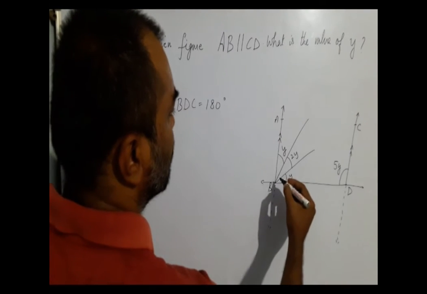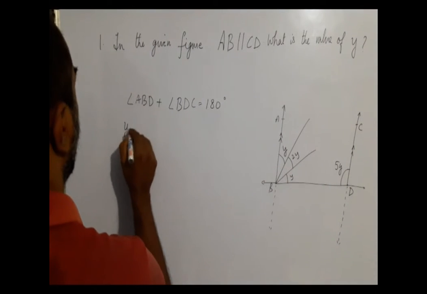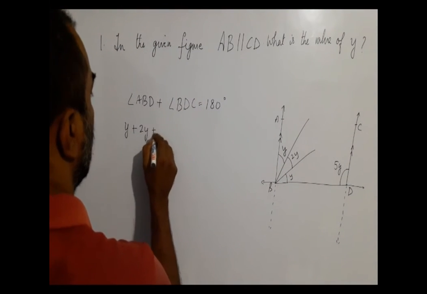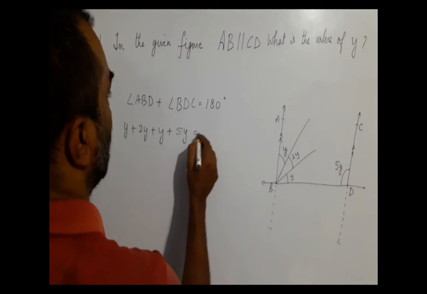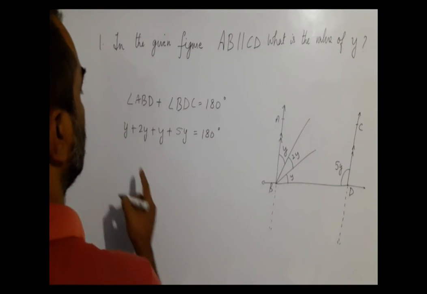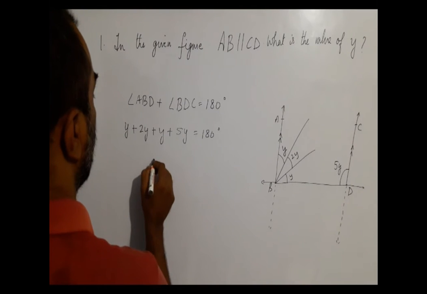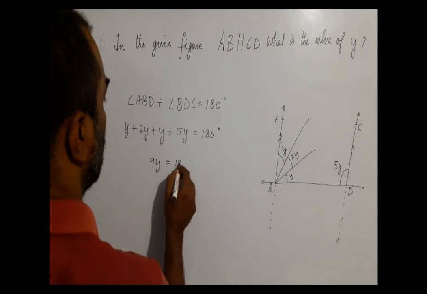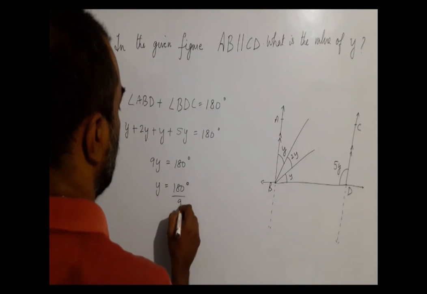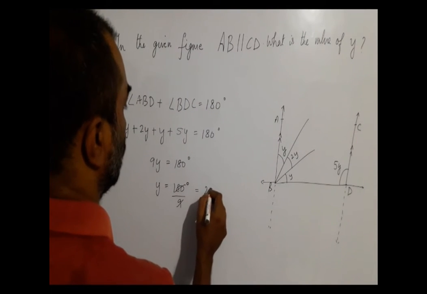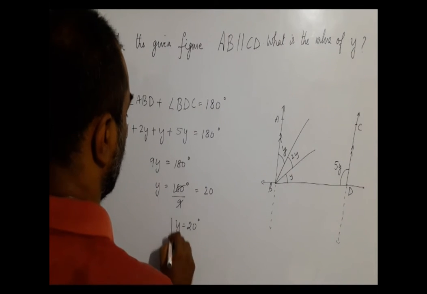ABD is formed of three adjacent angles, Y, 2Y and Y. So I write here Y plus 2Y plus Y, and this is 5Y... 1 plus 2 is 3, plus 1 is 4, plus 5 is 9. So 9Y equal to 180 degree, Y equal to 180 degree upon 9. So Y is equal to 20. The value of Y is 20 degree.